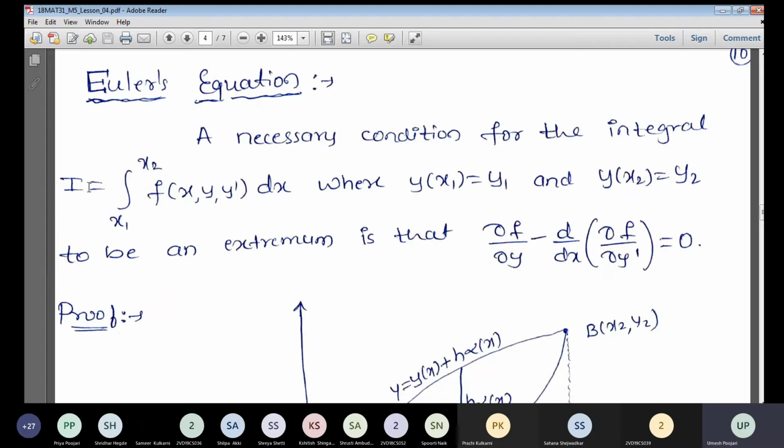This integral I is either maximum or minimum if it satisfies this condition.